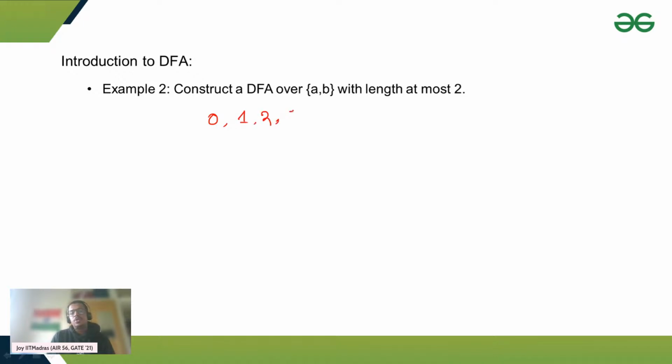After 2, if you are talking about strings with length 3 or 4 or anything else, they won't be accepted, because the length of the string should be at most 2. So in that case, what are the strings that will be accepted?